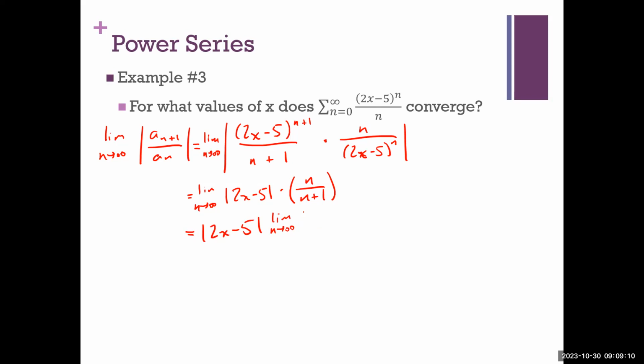So I'm specifically asking for what x values this series converges. And I set up the ratio test. So if I specifically want to know where this thing converges, then what do I need this ratio test to deliver me? Is there something else I should be saying when I'm setting up the ratio test here? It should be less than 1.